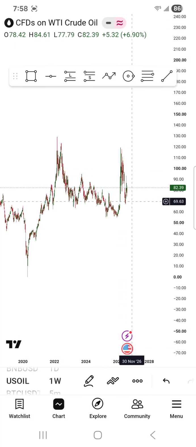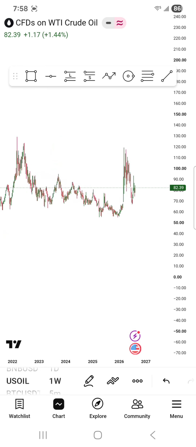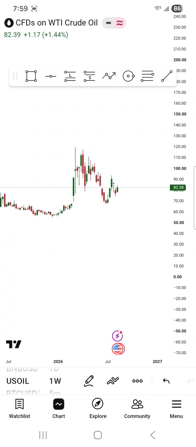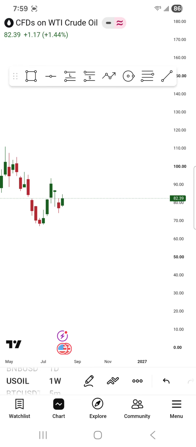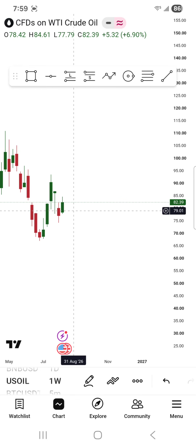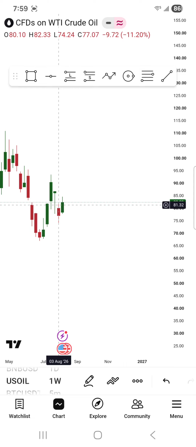Okay, let's just look at this. It's a weekly time frame, remember. So one candle represents what? One week. One candle that you see that opens and closes represents data for 1 week.